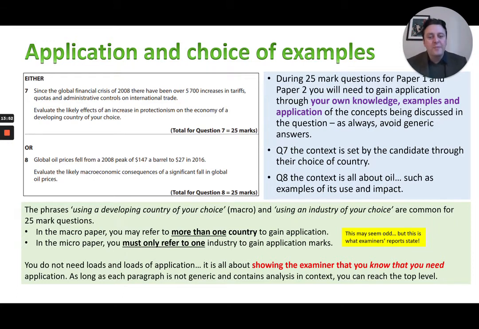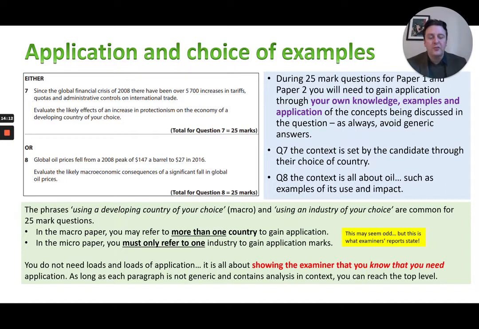But what is important is that you're showing the examiner that you know what you need in the application. As long as each paragraph is not generic and contains analysis to context, you can reach the top level.